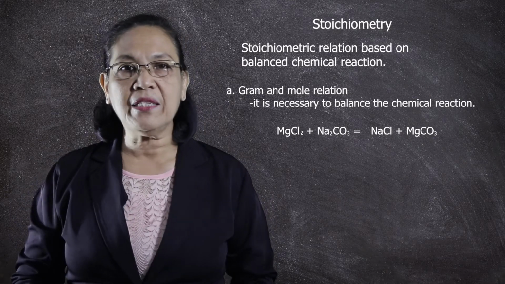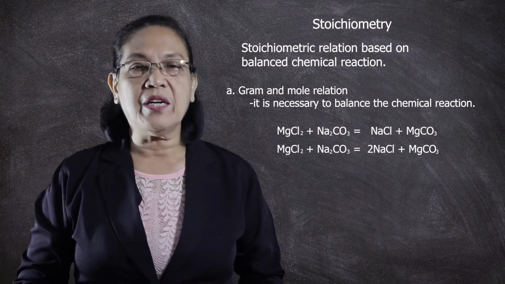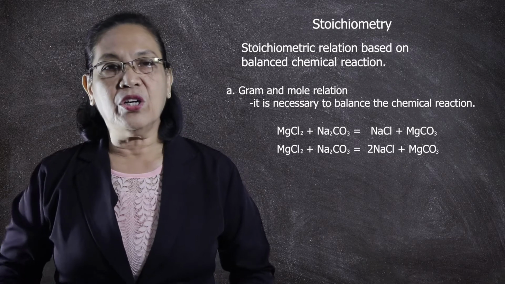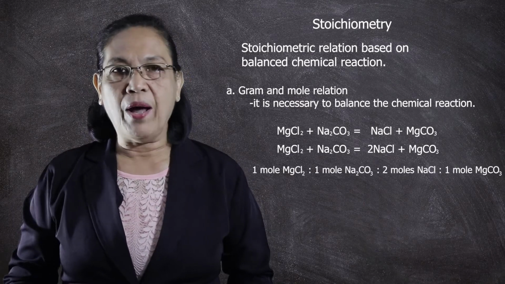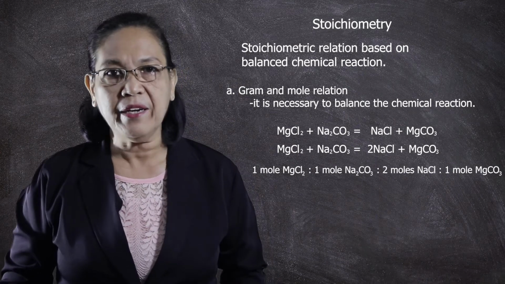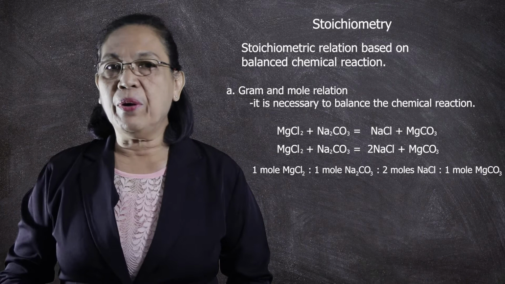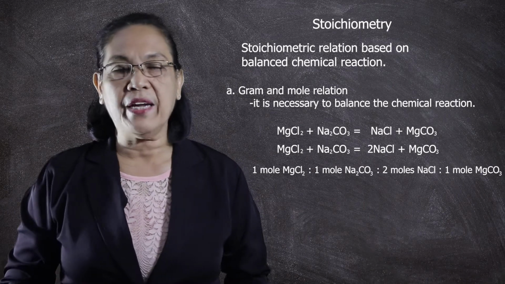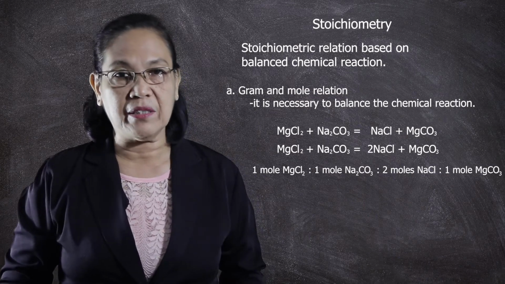Therefore, to balance the chemical reaction, we are going to place 2 as a coefficient to the product sodium chloride. So the balanced chemical reaction now would look like 1 mole of the magnesium chloride plus 1 mole of the sodium carbonate will produce 2 moles of the sodium chloride and 1 mole of the magnesium carbonate.